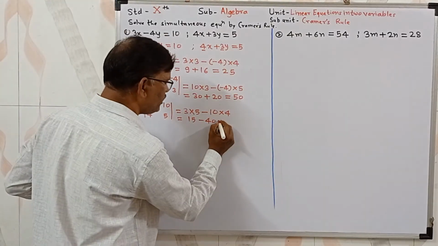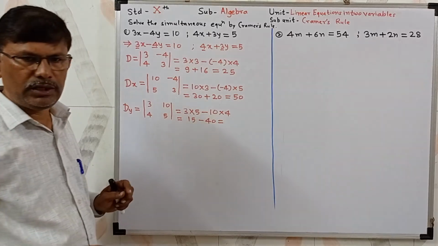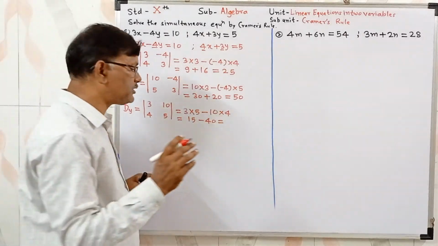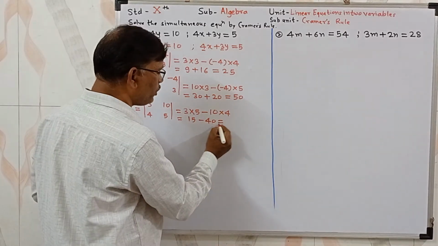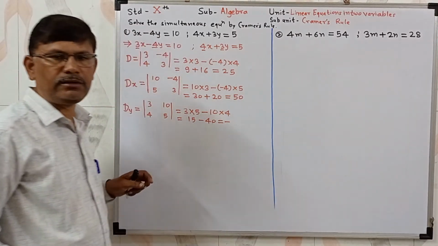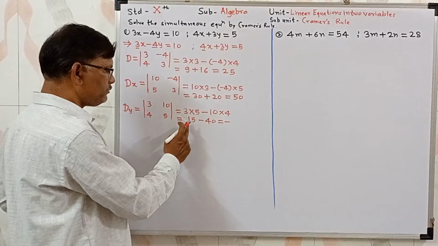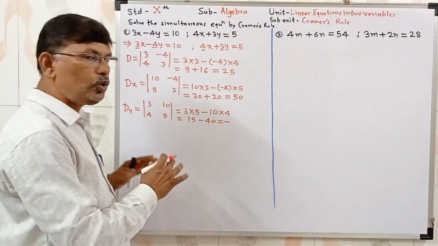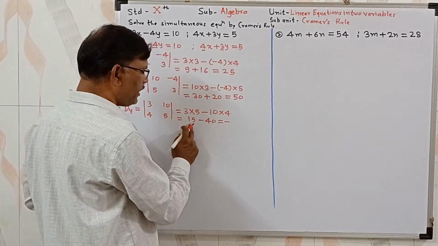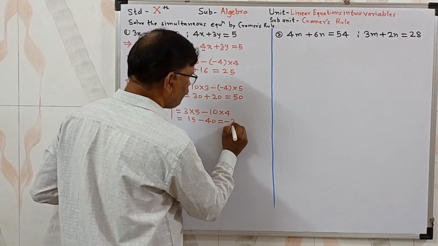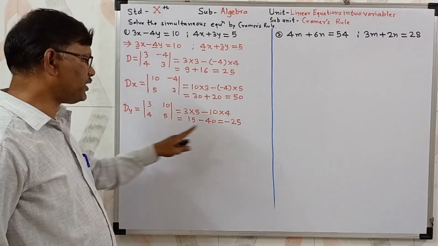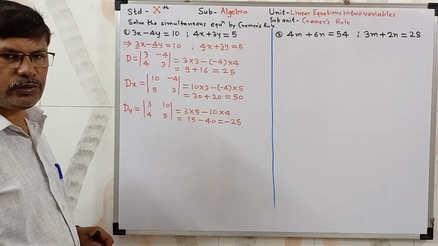In addition and subtraction we must first write the sign of the bigger number. 40 is the bigger number, so write down the sign minus. Then both the signs are different, so do subtraction. 40 minus 15 is 25. So the value of determinant Dy is equal to minus 25.